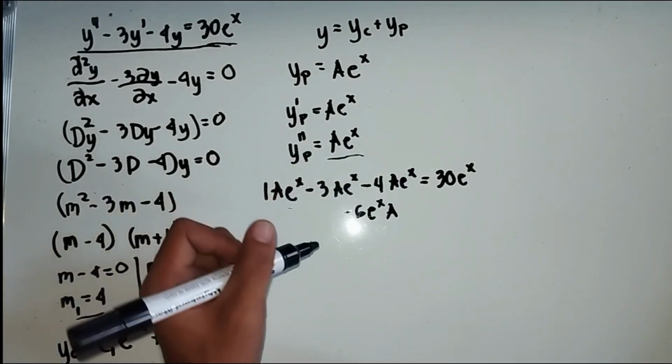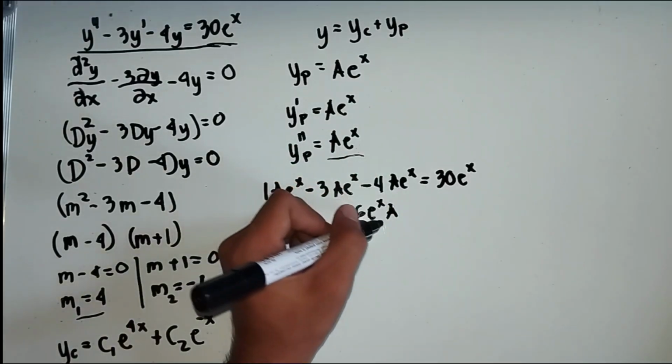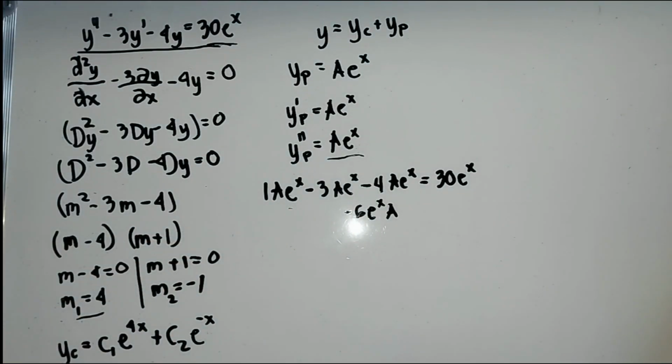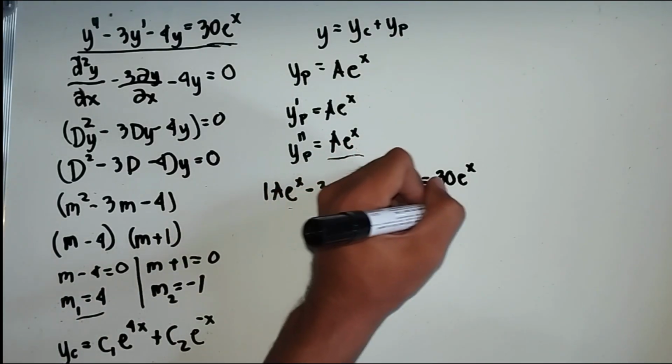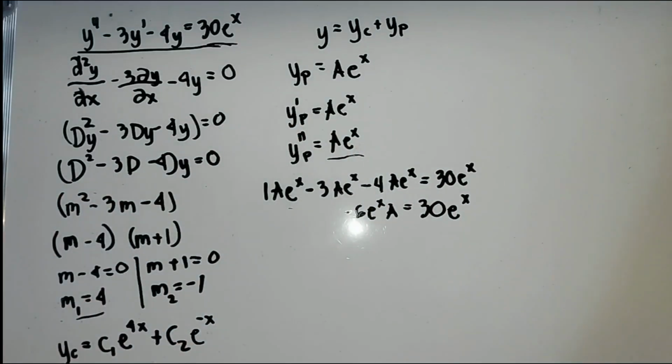times a. Since we are looking for the value of a, we separate that in order to avoid confusion. So this is equal to 30 e to the power of x.